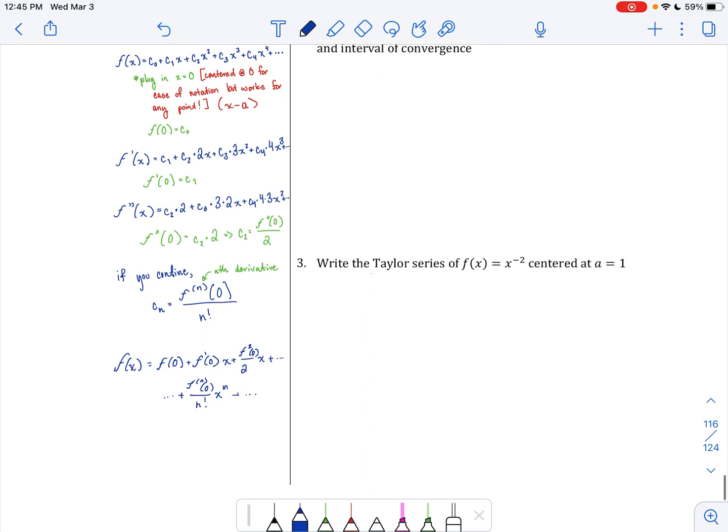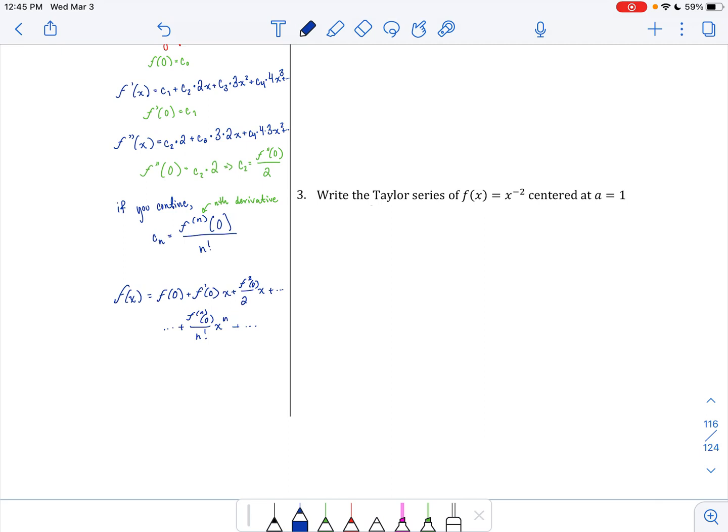Keep going out. What we'll usually write this as is a series. So this function is exactly equal to the infinite series starting from n equals 0 of f to the n at 0 over n factorial x to the n.